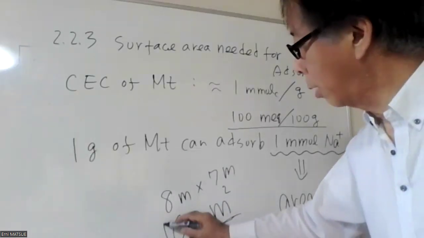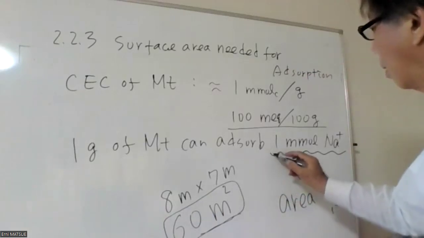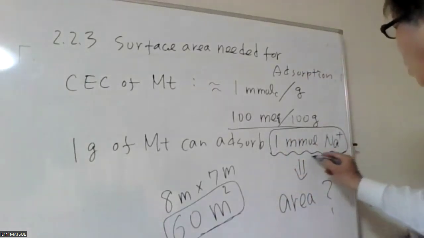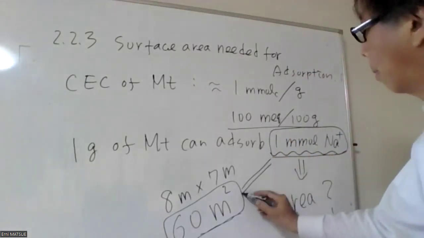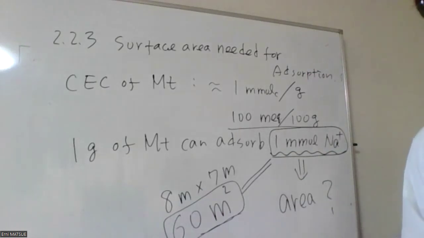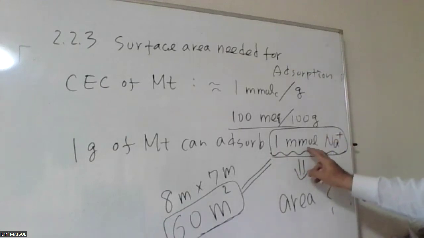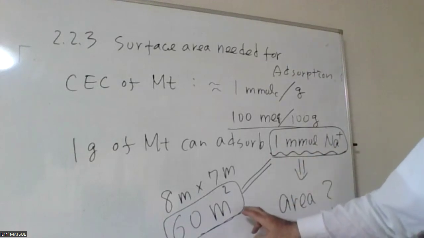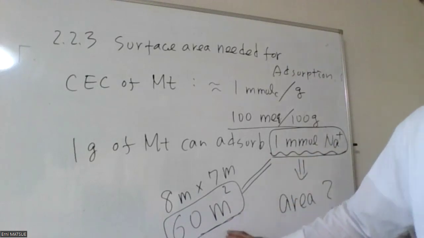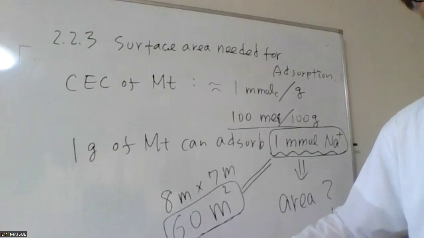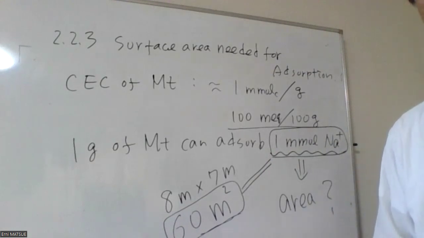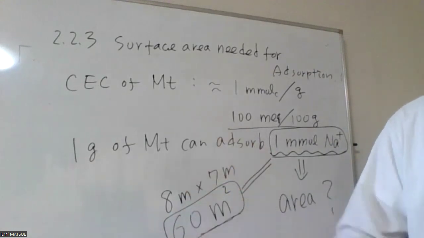Students, can you believe? Students, please answer me. 1 millimole of Na plus occupies 60 square meters. Can you believe it or not?